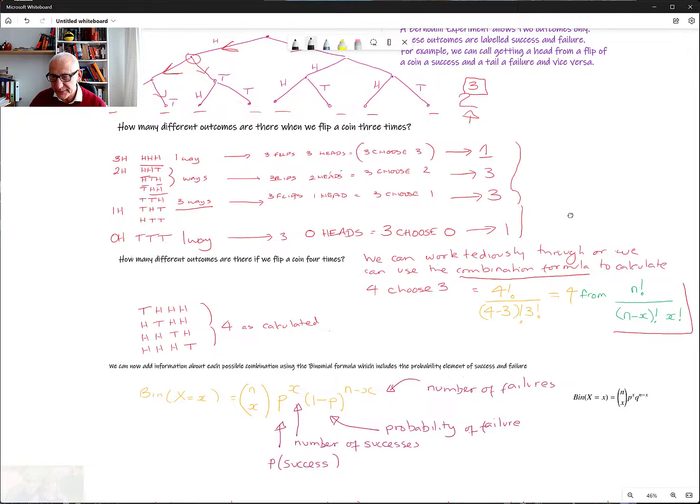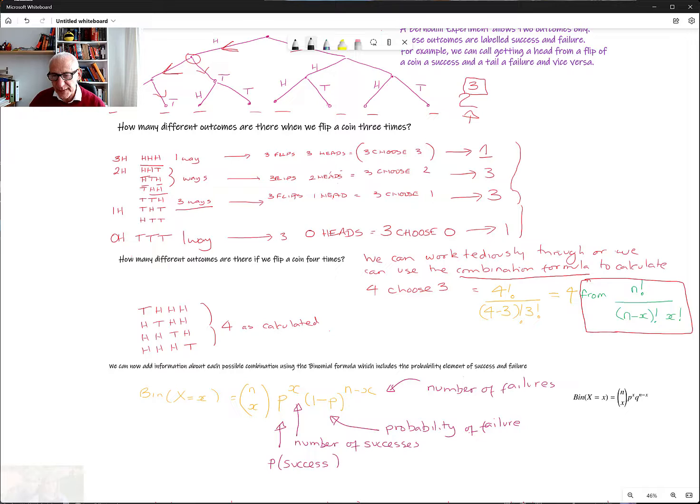It's this one here, where n represents the number of flips and x represents the number of choices from that number of flips. So there's an n factorial. N factorial means n times n minus 1 times n minus 2 times n minus 3 all the way down to 1.